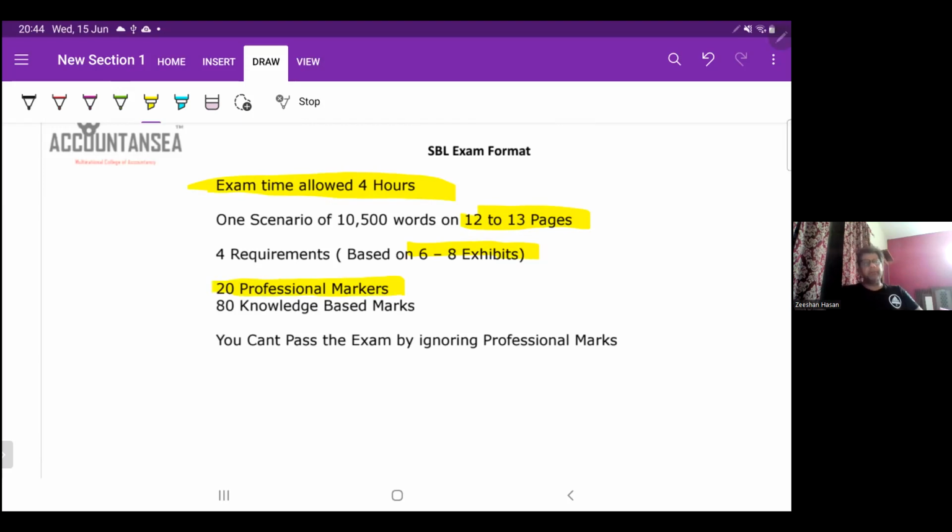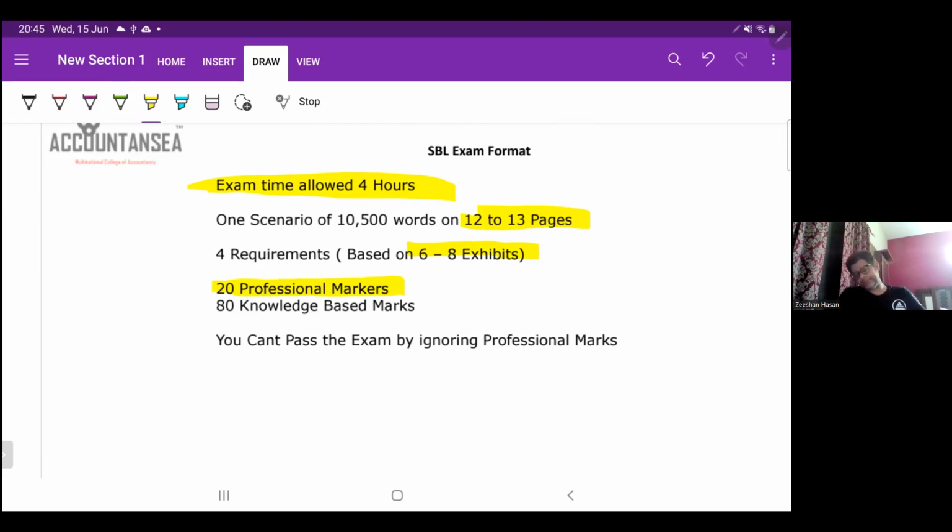Remember that you can't pass the exam by ignoring professional marks in this SBL. When I was attending the train the trainers workshop for SBL, the trainer asked us, what do you think, if you ignore the professional marks in the SBL exam, can you pass the exam?